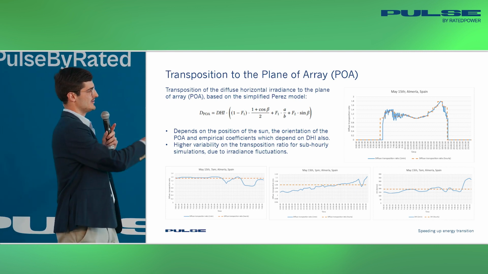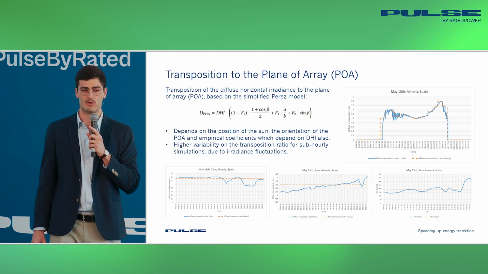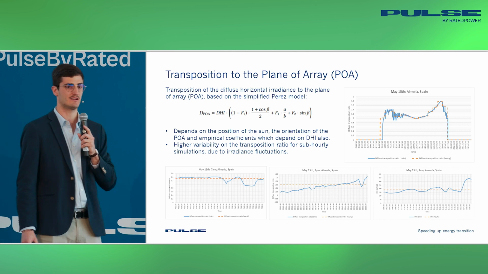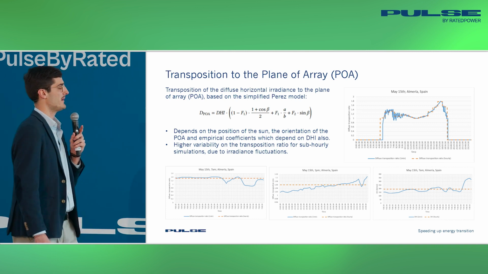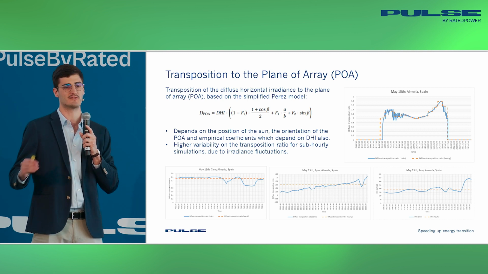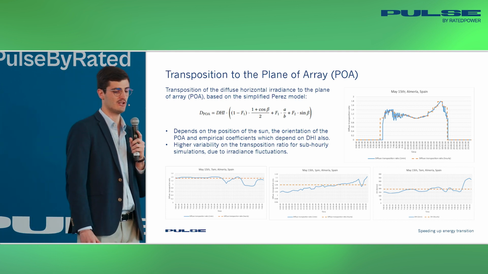And for the irradiation, we also have some fluctuations that happen within one hour. So these two factors, again, are the ones that make the irradiation that we observe at the plane of array different for hourly and sub-hourly simulations.